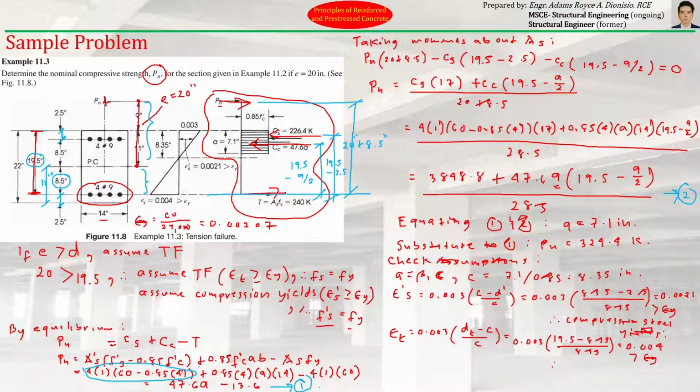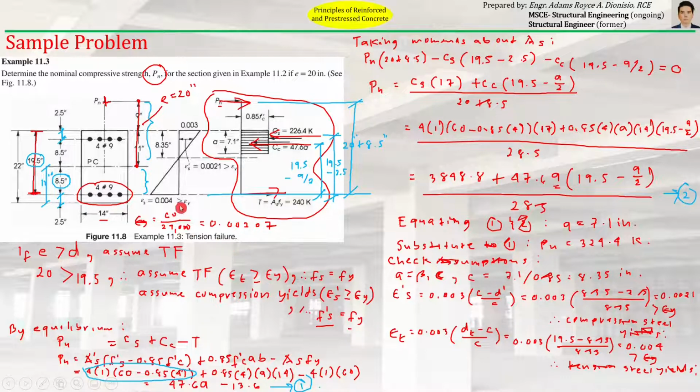Tension steel yields. Okay. Na-verify na rin natin na tension steel yields. So with that, okay na. Okay na. Kasi na-verify naman natin yung mga assumption natin na tension failure siya. Sabihin yung tension steel mo, nag-yield siya.